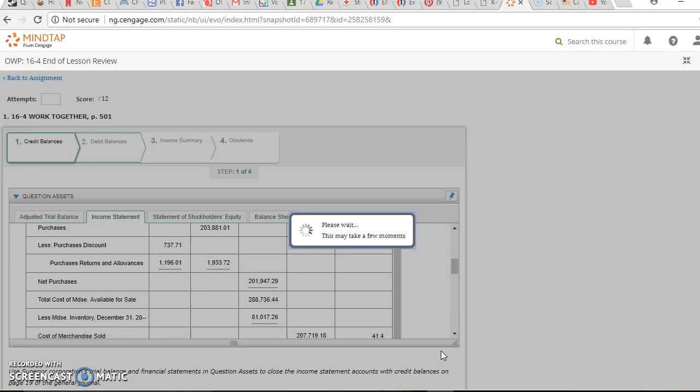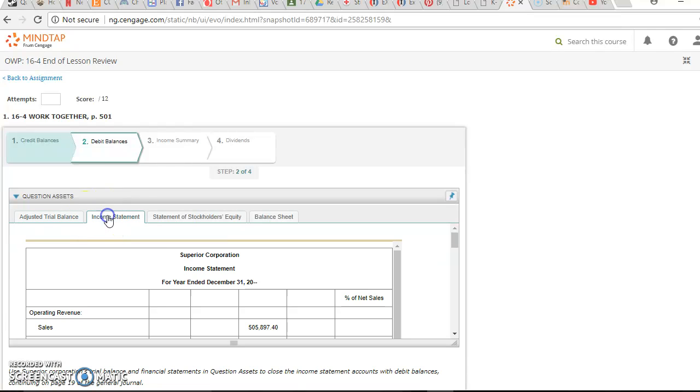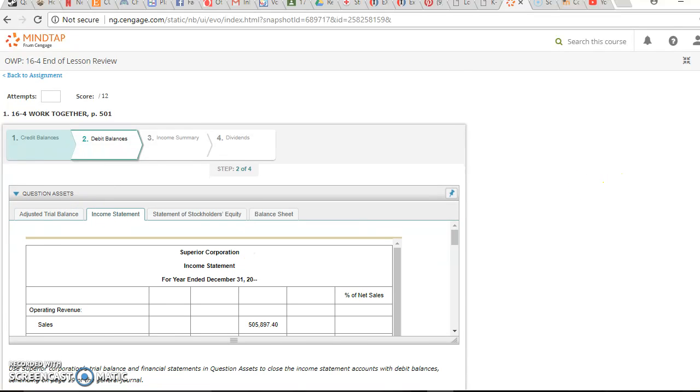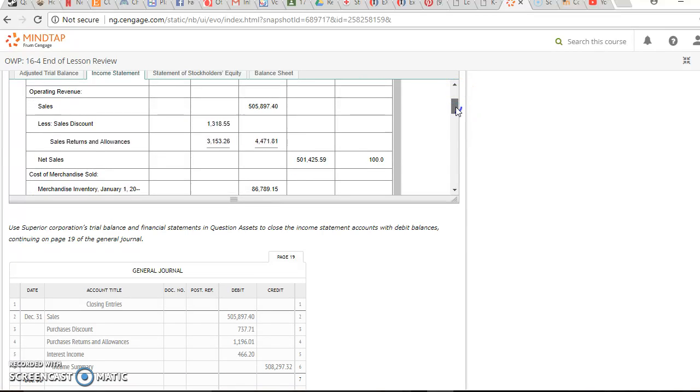The next step is to post the ones that have debit balances on the income statement. So let's go to the income statement, and we're going to go December 31st again. We're closing the ones that have debit balances, so the credit is going to be the income summary here.